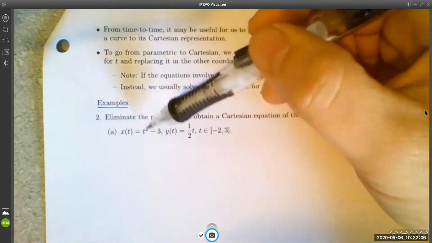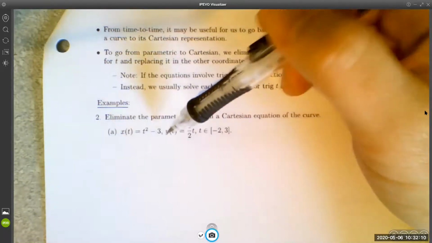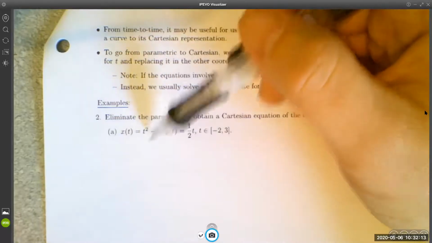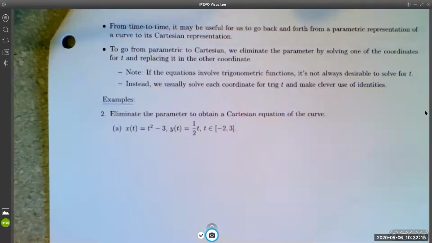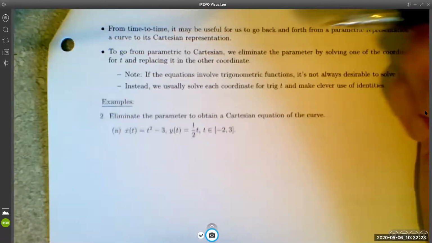Now, I could solve this one for t, but then when I take the square root, I'm going to get t is plus or minus the square root of x plus 3. I don't really want to deal with that, so I'd rather solve y for t. I think that's a little more straightforward.